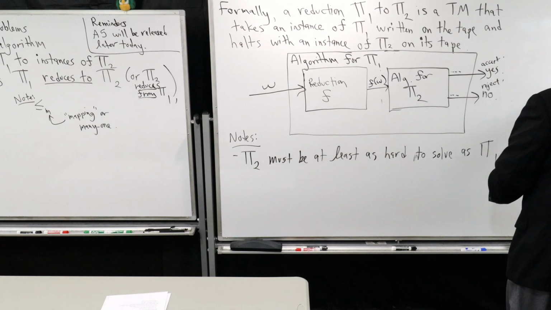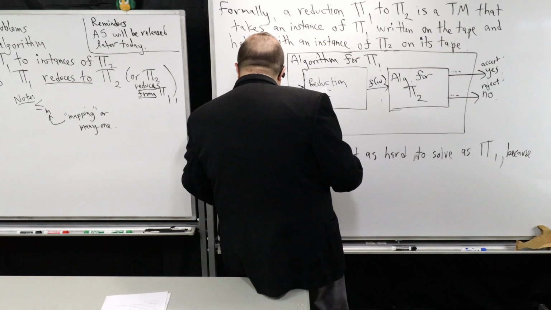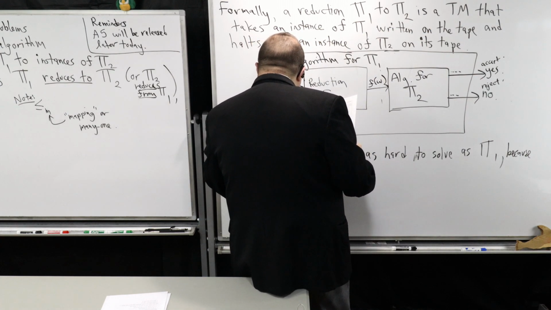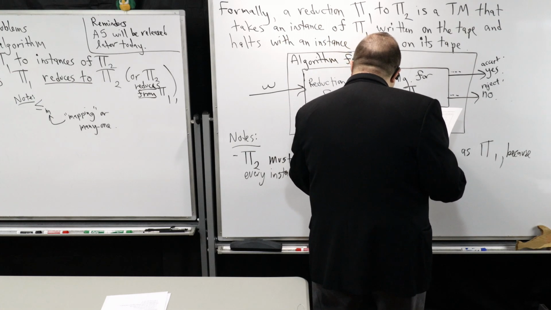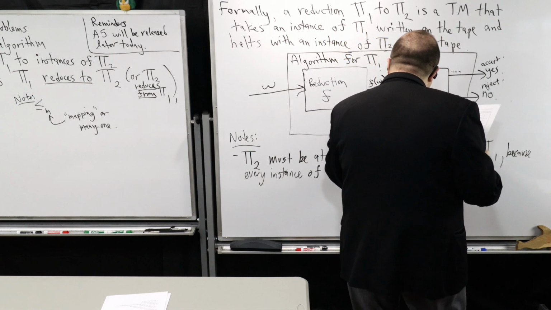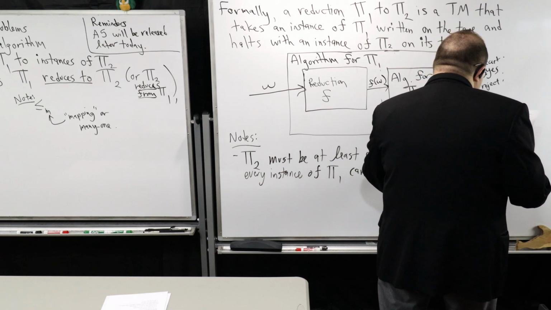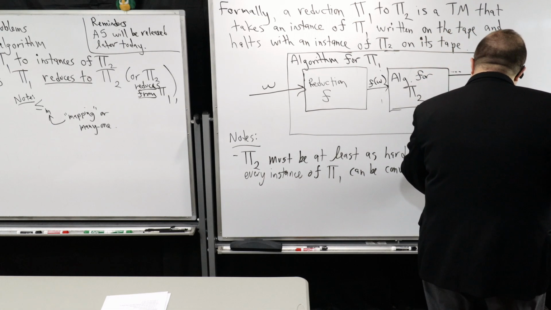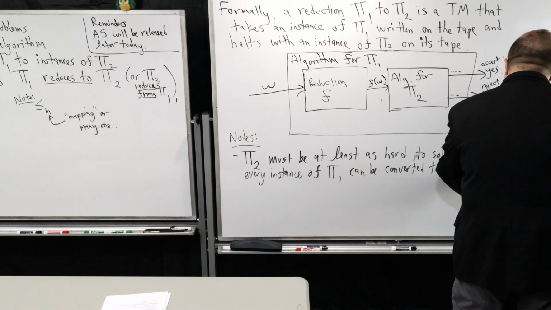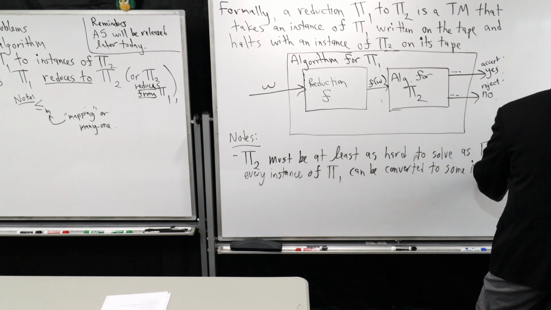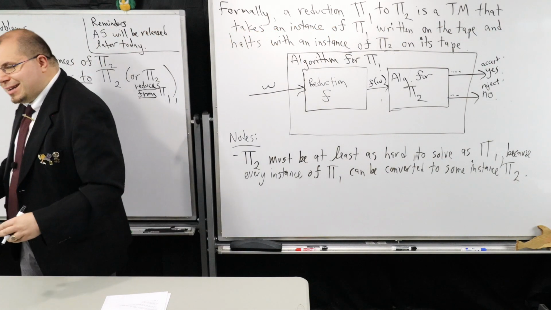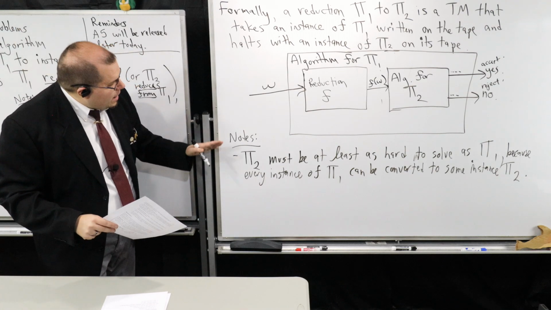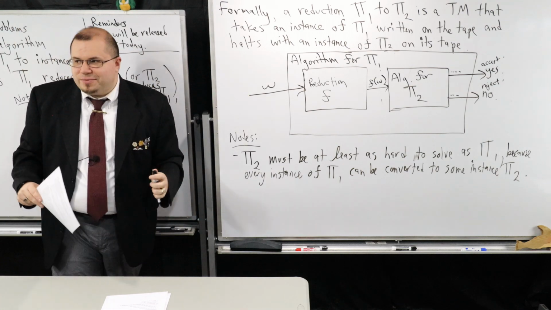Because every instance of pi1 can be converted to some instance of pi2. So I already see that. So I can take any one instance of pi1, I can use this reduction to get an instance of pi2.